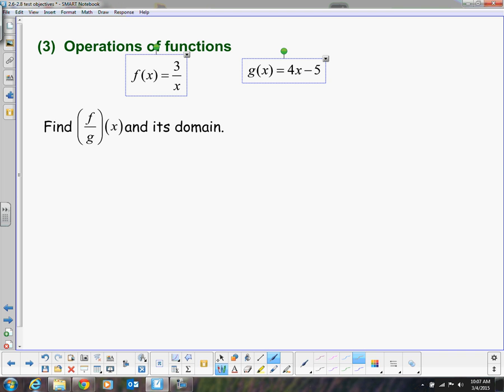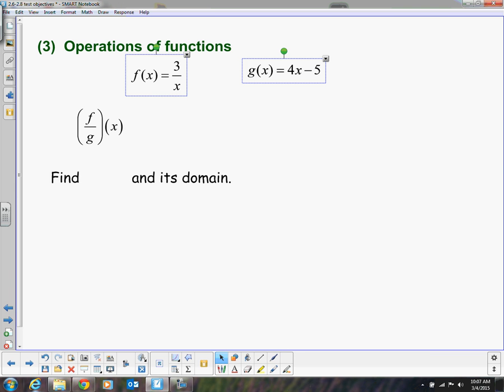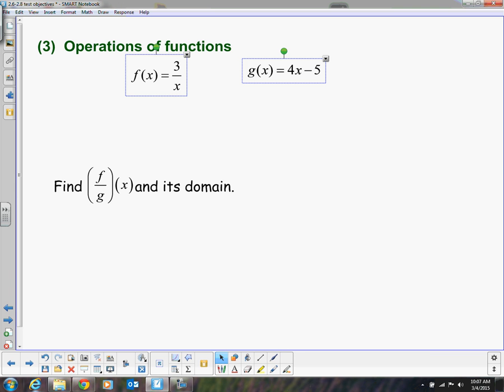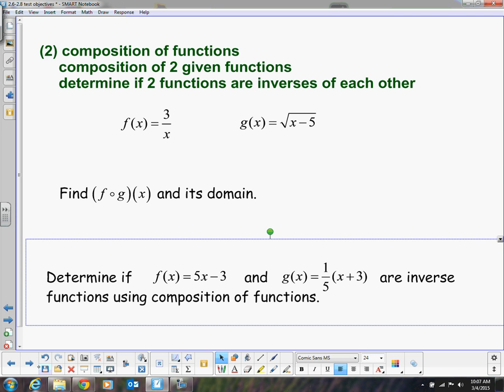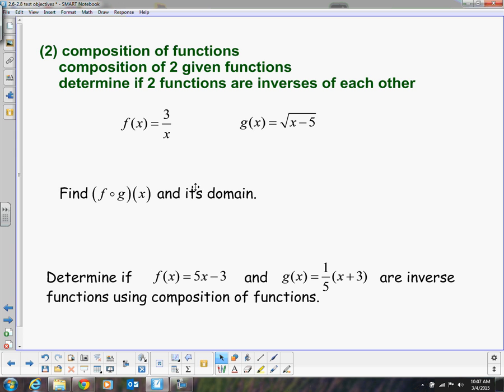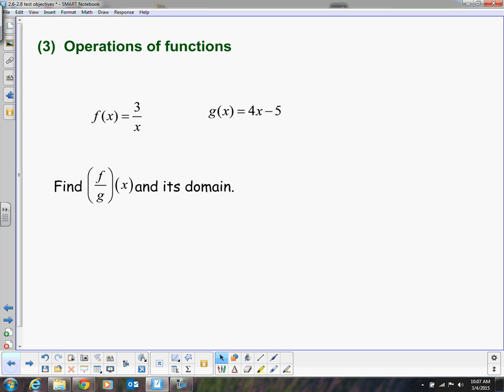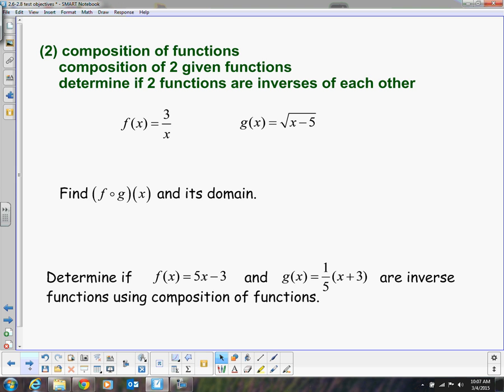So, now you've got operations of functions, and you have composition of functions. And you have to do the domain on both. You've got operations and you've got composition, and the way you attack this domain is different.